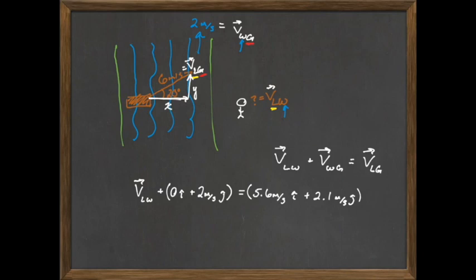So, if we're going to solve this for the log in the water, it shouldn't take much to see that we're just going to subtract this whole vector over to the other side.